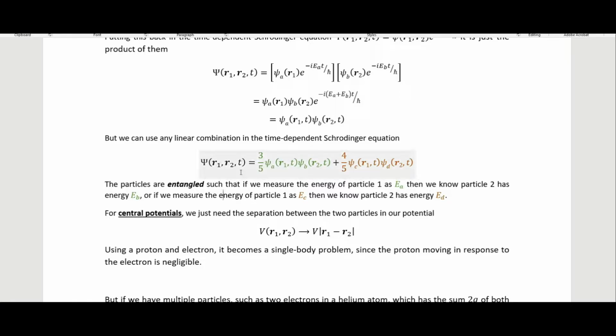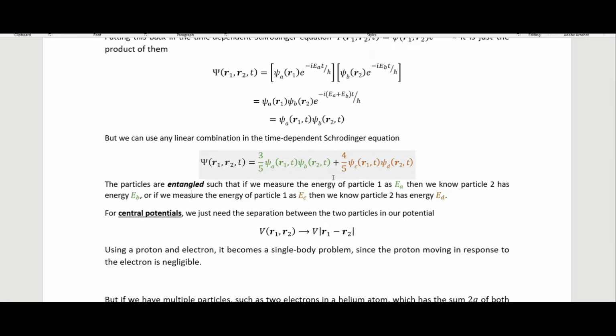If we take a measurement and find that the first particle is in this state here, so we find that it has this energy here, then we know without even measuring it that the second particle will have this energy right here.